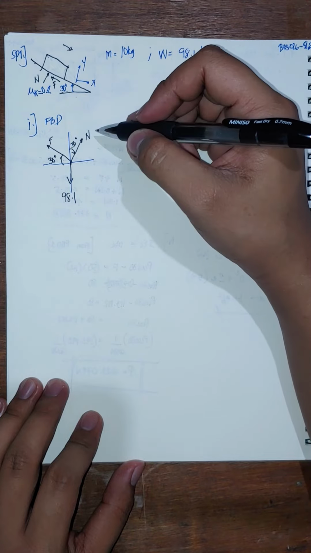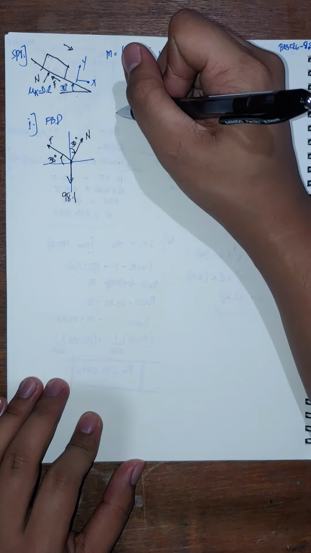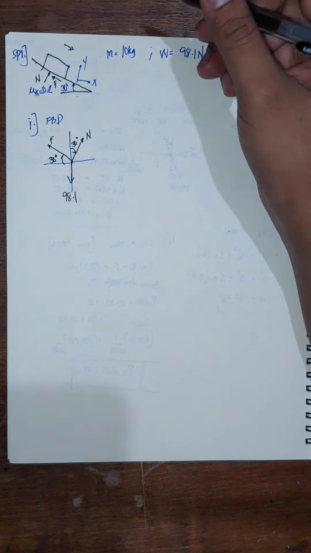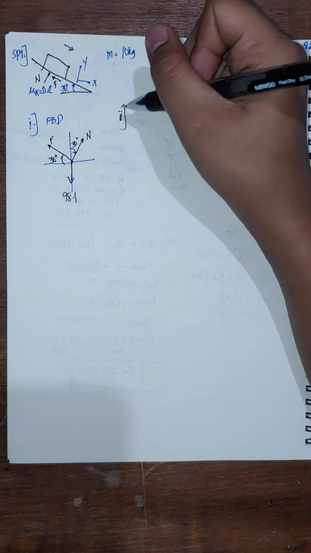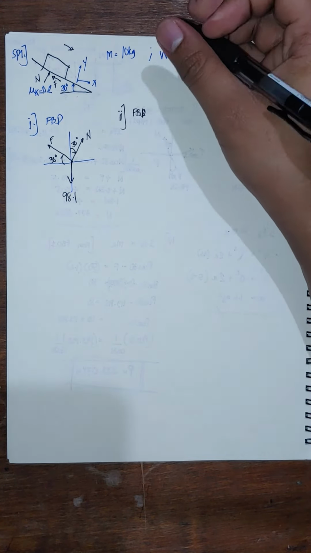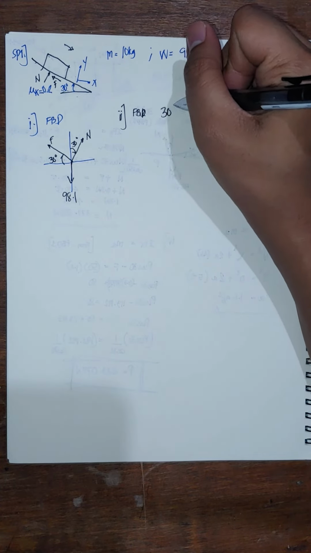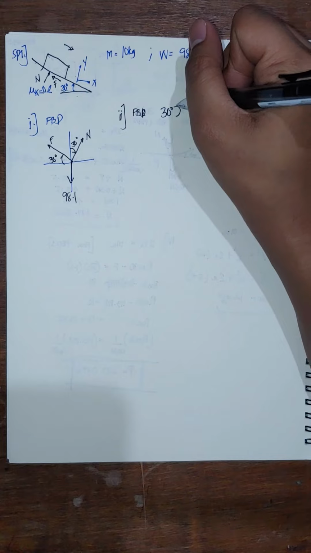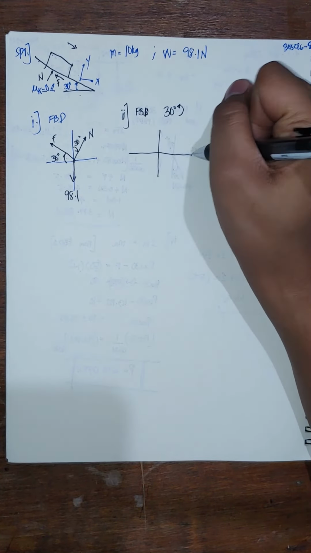You have the weight, the normal force, and then the friction. To get the x and y components, I would like to translate this FBD and rotate it 30 degrees counterclockwise.